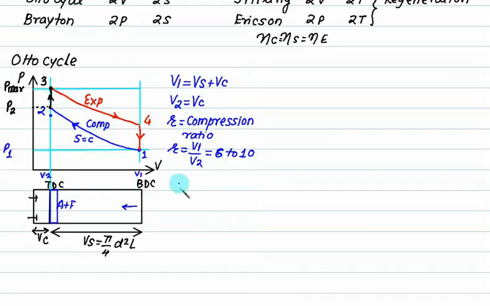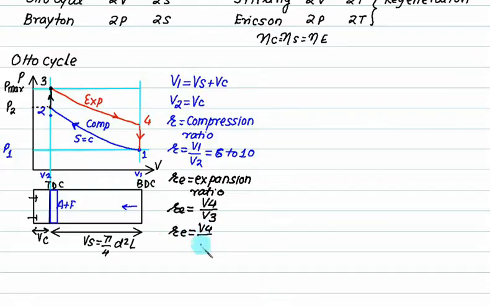So we define the second ratio, which is normally represented by RE. It's called the expansion ratio. Expansion ratio is always greater than 1. So V4 is more than V3. So this ratio is V4 by V3. So there are only two ratios. One is called compression and one is called expansion. But if you observe, RE is basically equal to V4 by V3.